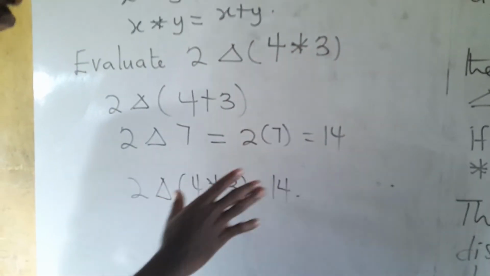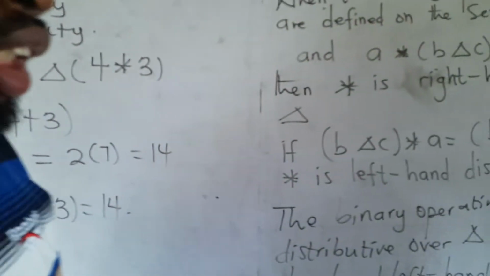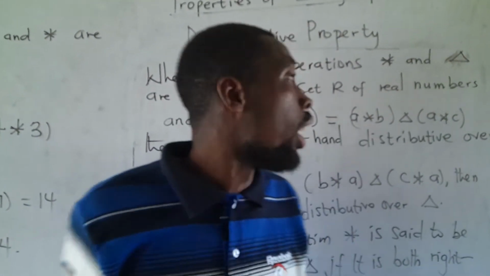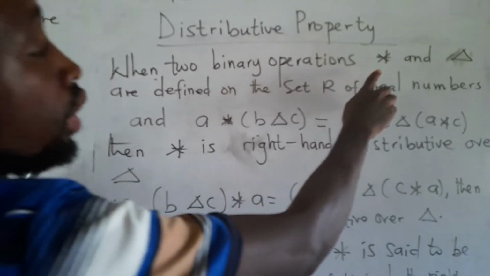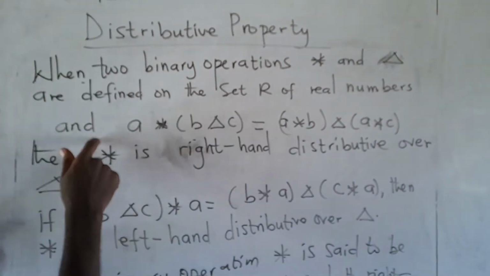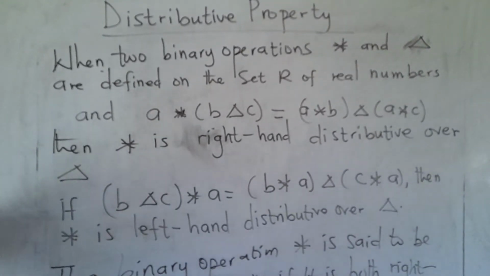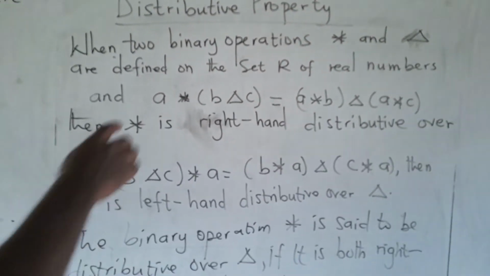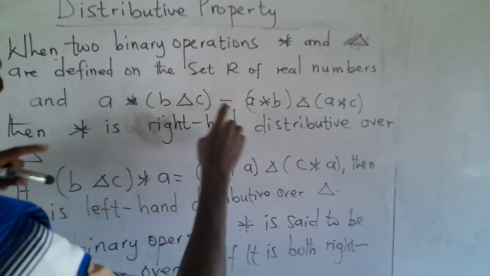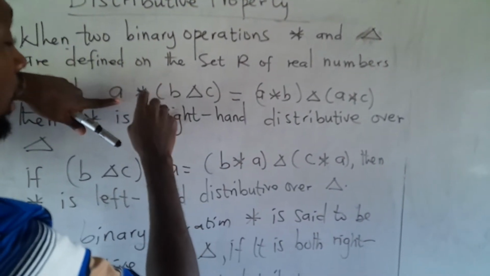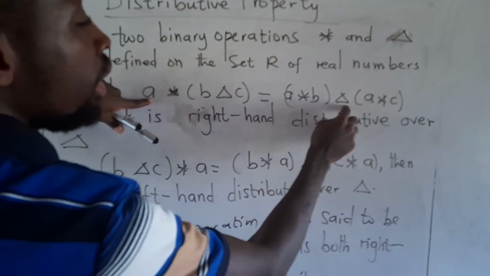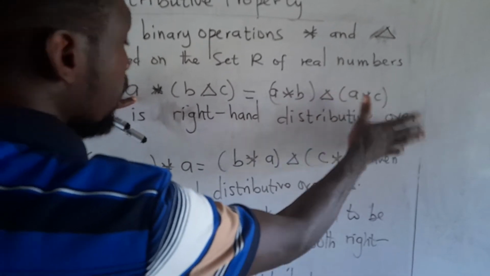So since we got this understanding, when do we say that one binary operation is distributive over the other? Say when 2 binary operations star and delta are defined on a set R of real numbers, and we have A star B delta C in bracket, and it is equal to, we are distributing the star over delta, A star B in bracket delta A star C in bracket.